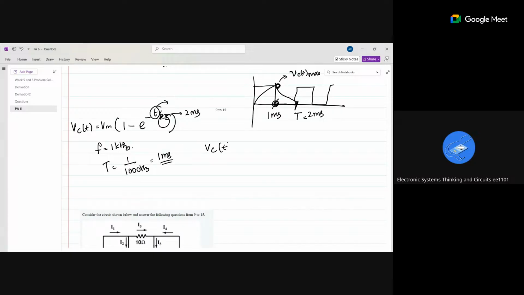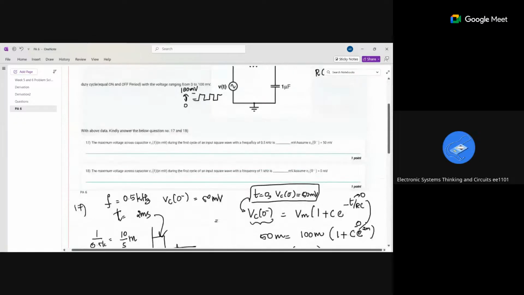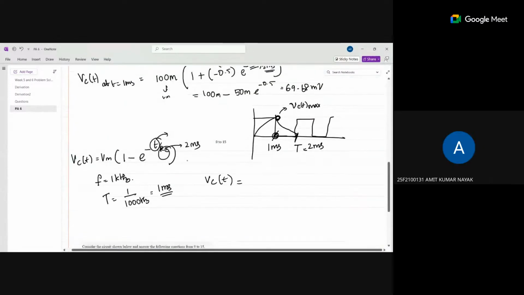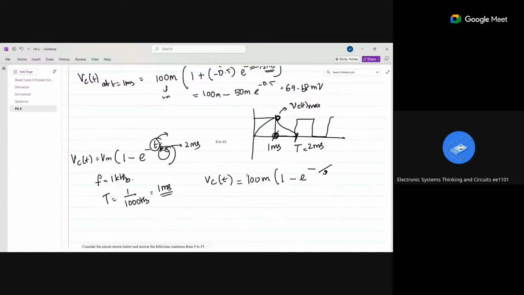So for this, tell me what is Vm? 100. 100 times 1 minus e power minus, what is t? It's 0.5 millisecond, because this is the u of t which I have given, because we are considering half of the duty cycle.